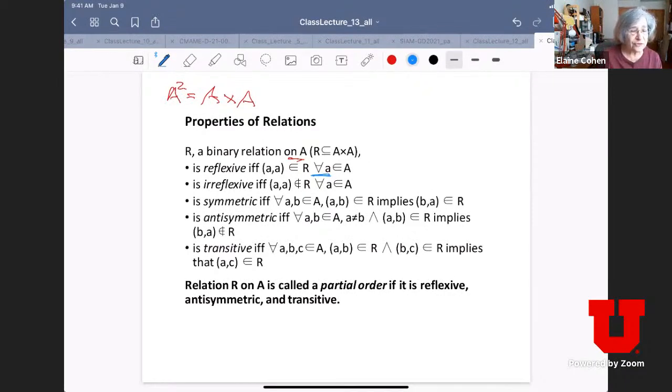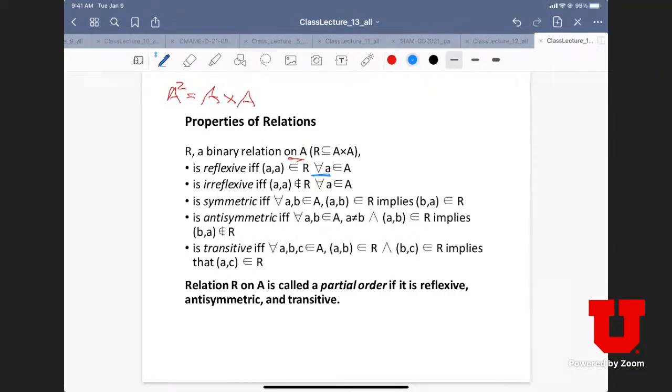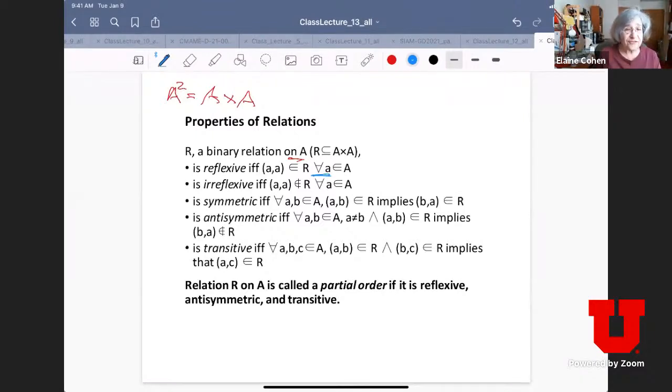Do you have a question? Yeah, I have a question. Does it mean all the elements inside the relationship must belong to the set A, or all the elements in the set A have to appear in the relationship? Yes, they all have to appear because A is going to be related to itself. So every element has at least one other element it's related to, which is itself.